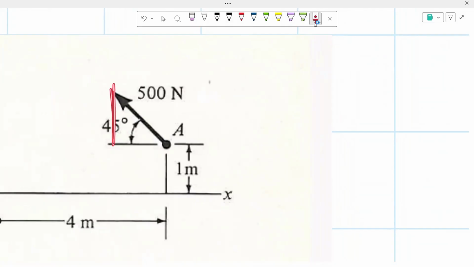So we're trying to find this side of the triangle. We are given the force of the hypotenuse side of the triangle, and we're working with this angle.